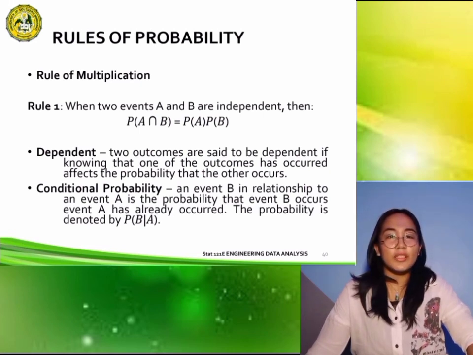Conditional probability is the probability that event B occurs after event A has already occurred. The probability is denoted by these symbols.